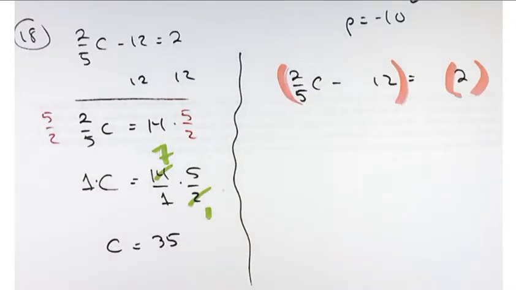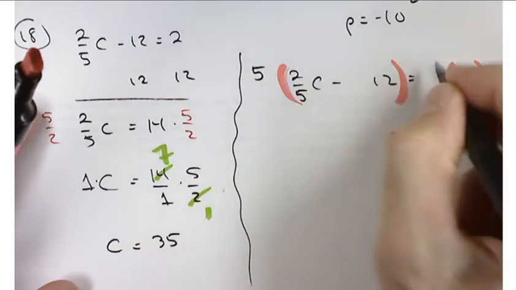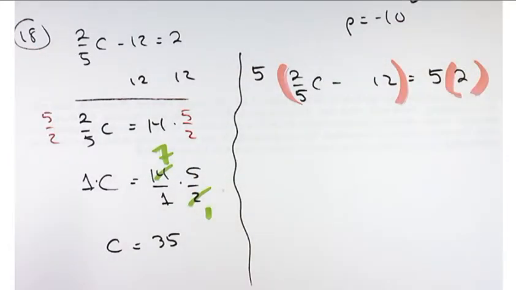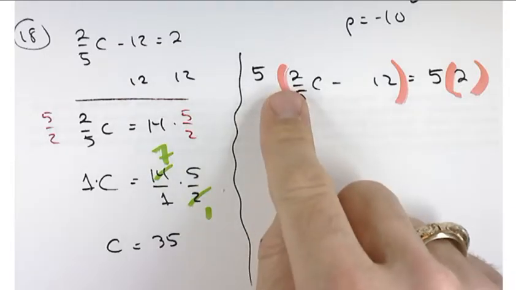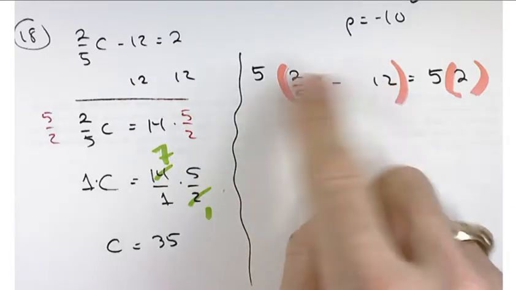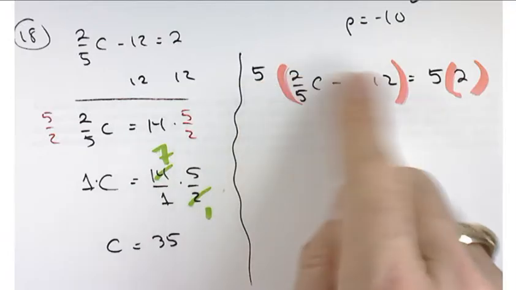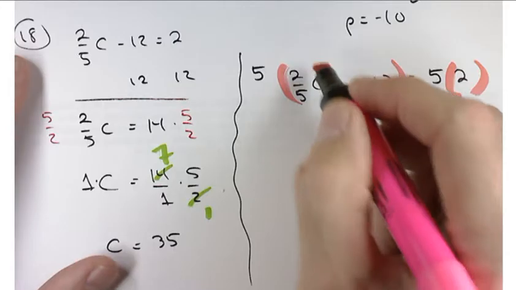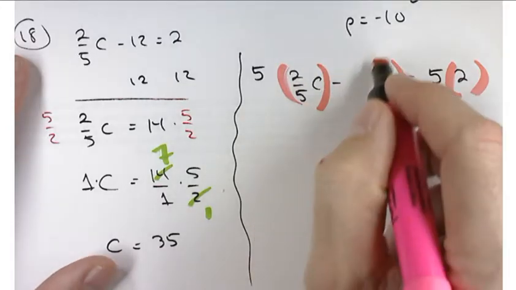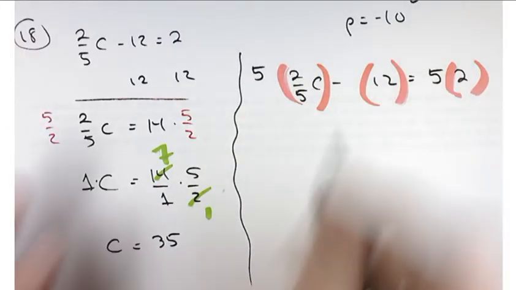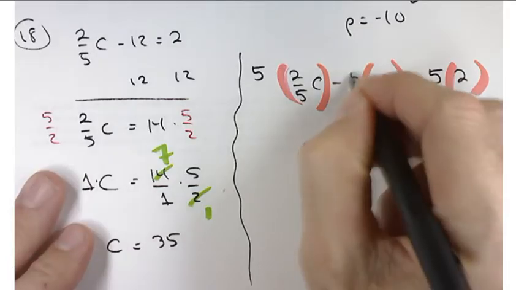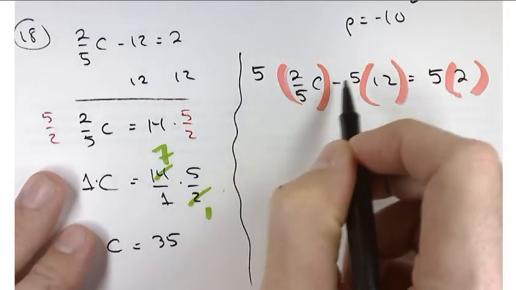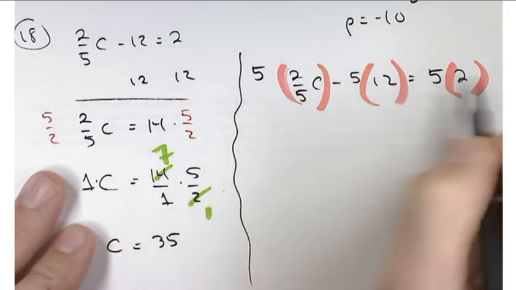So I'll multiply the left-hand side by 5 and the right-hand side by 5. But notice I put parentheses around this. What do I have to do with that 5 in these parentheses? Yeah, distribute. So basically that 5 is going to multiply everything. 5 times this term, 5 times this term, 5 times this term.